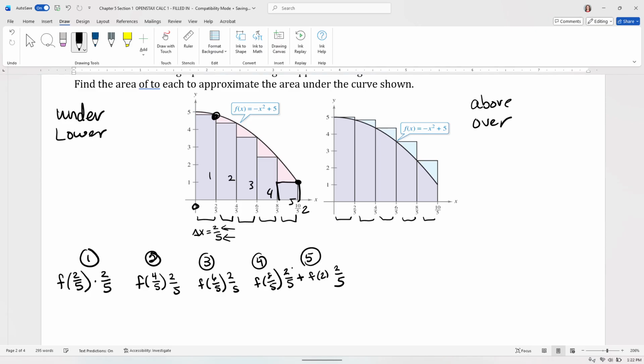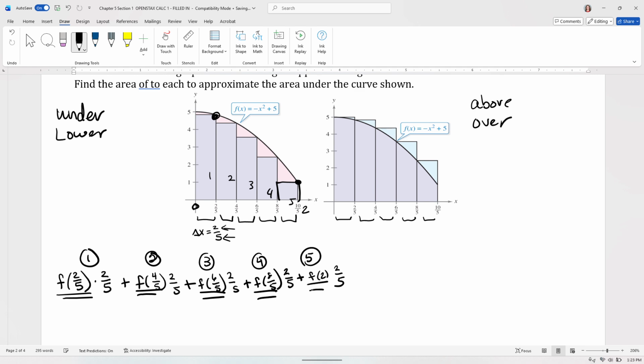And the total area we want to add up. You see where sigma might come into play now, hopefully. We're going to add up all of these. I certainly could factor out the 2/5, or I could just grab my calculator and start plugging in these values. Well, I did that. I found all of these values with my calculator.